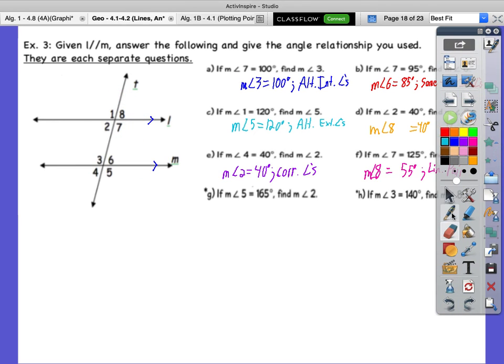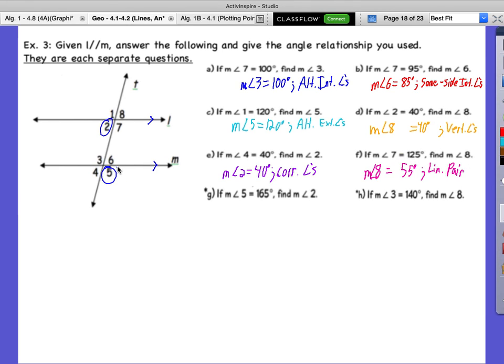If we look at 5 and 2, there's no relationship. They're not corresponding, not same side interior, same side exterior, alternate interior, or alternate exterior. But if we say this is 165, we can find a different angle first, one of these other angles, and then find angle 2.